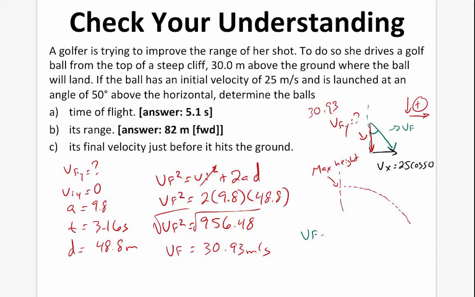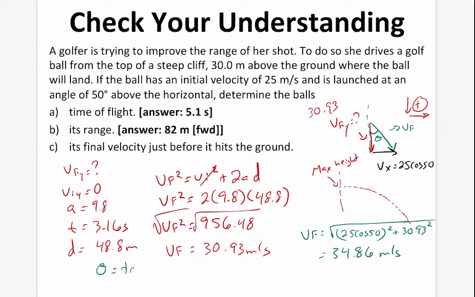So final velocity is going to equal the square root of 25 cos 50 squared plus 30.93 squared. And that equals 34.86 meters per second. We need to know an angle.